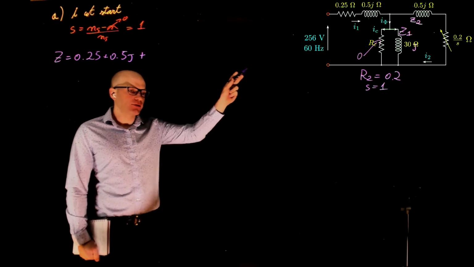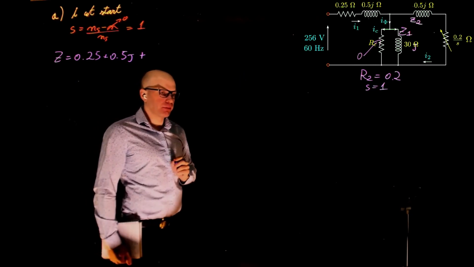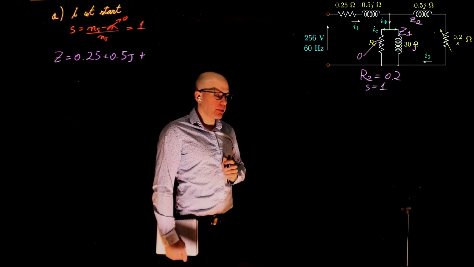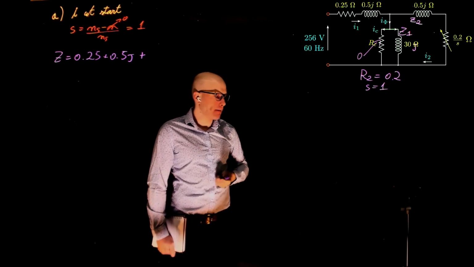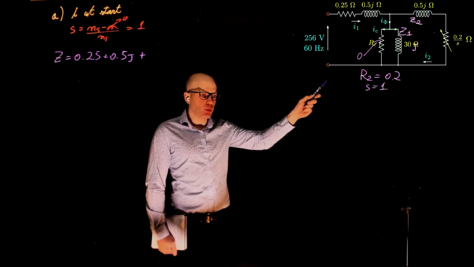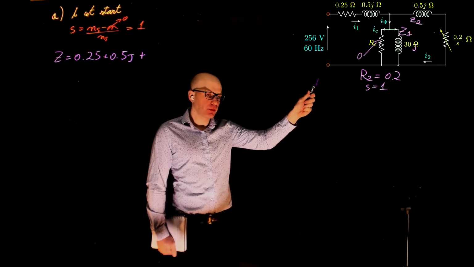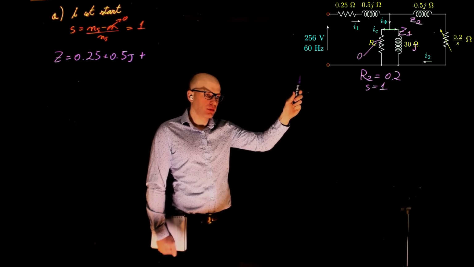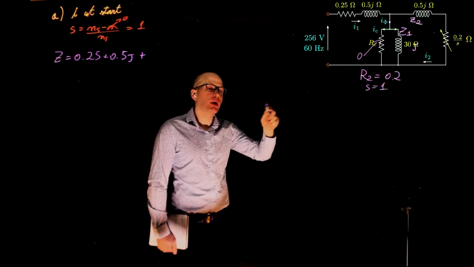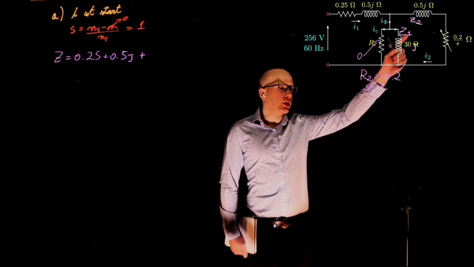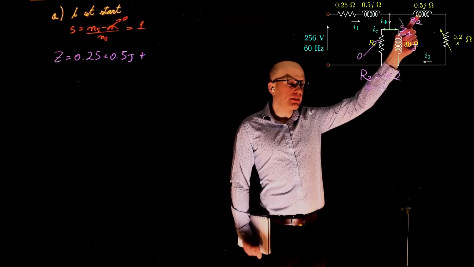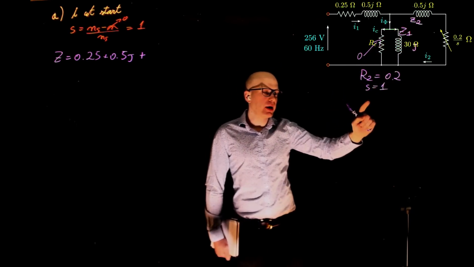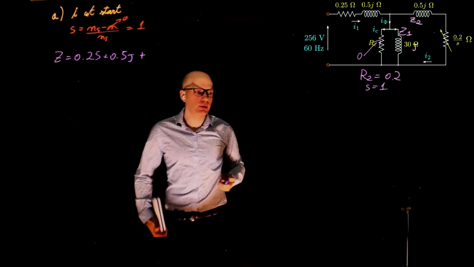How do you calculate the parallel of an impedance like that? Is it 0.5j plus 0.2 in brackets times 30j over the sum of those two terms? Exactly. Very good. In other words, Z1 times Z2 divided by Z1 plus Z2.